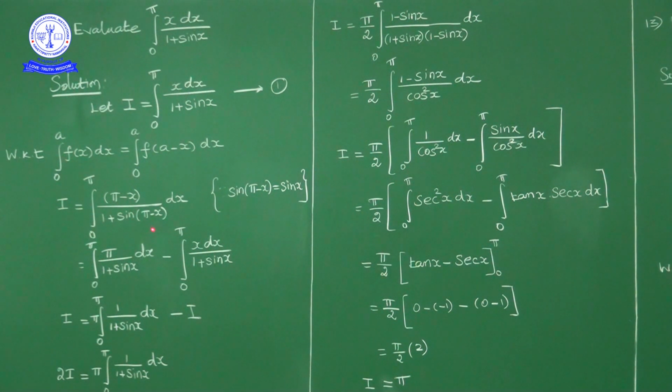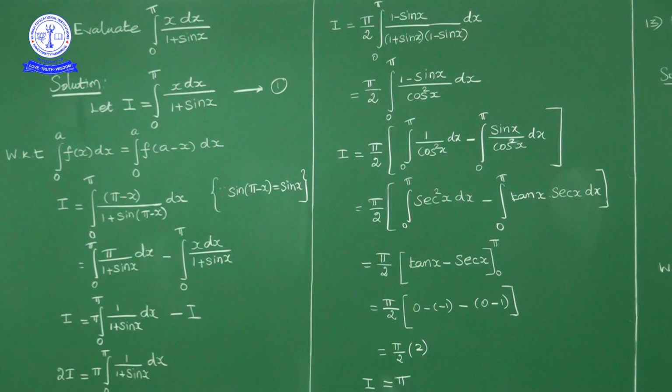Now sin of pi minus x is sin x only, no? So numerator is pi minus x dx upon denominator 1 plus sin x. So I will separate it as two integrals. Integral 0 to pi upon 1 plus sin x dx minus integral 0 to pi x upon 1 plus sin x dx.